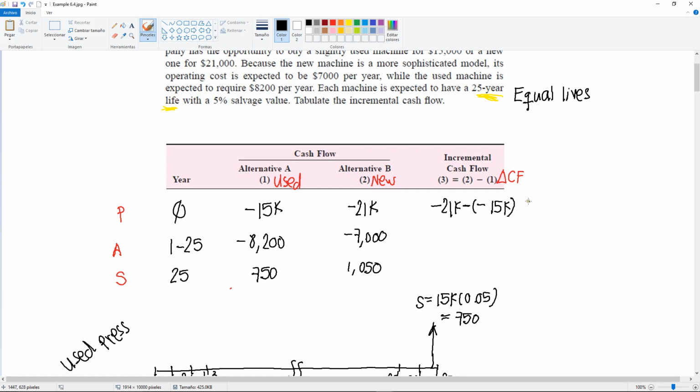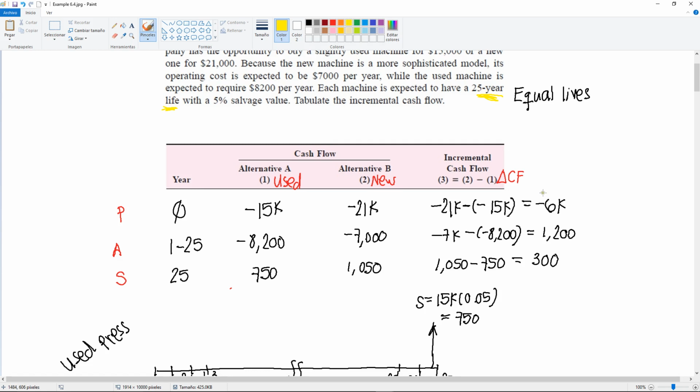So you're going to get minus 6,000. Then the next one will be minus 7,000 minus 8,200. You will get 1,200. And then the last one is 1,050 minus 750, which will give you 300.